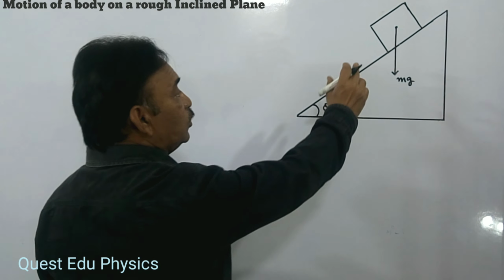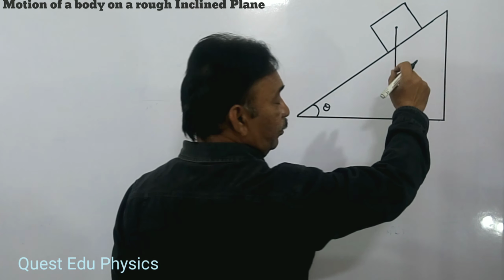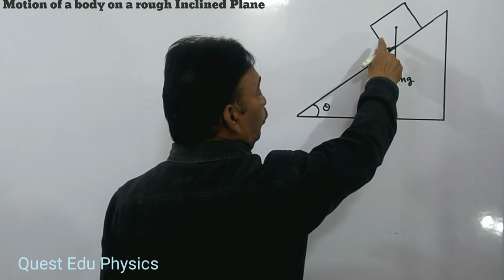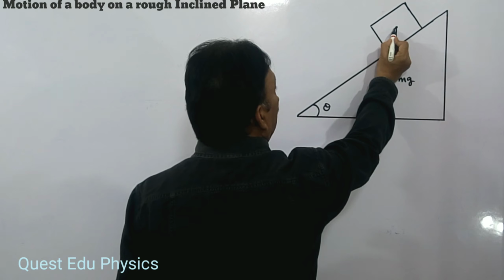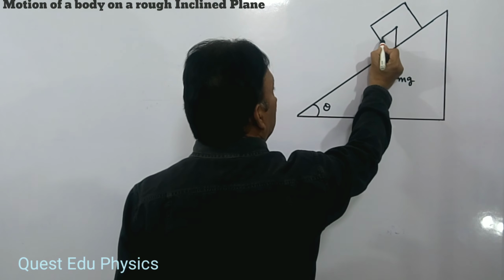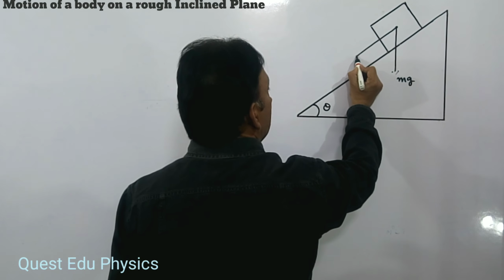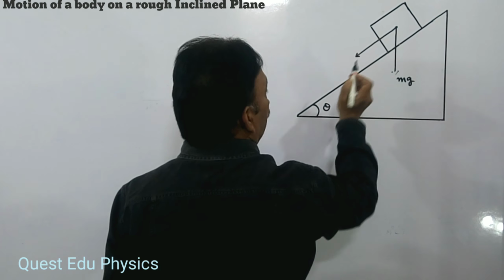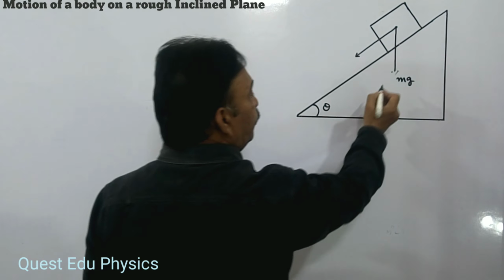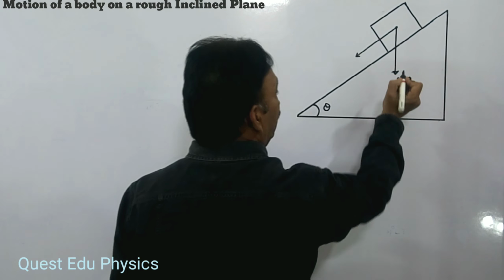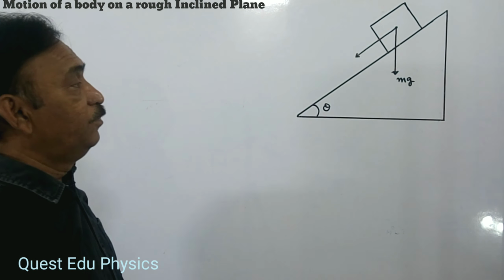Some driving force has to act on this body. As a result of that, the body tends to move in this direction. So this is the direction of the acceleration of the body. The weight is vertically downwards.